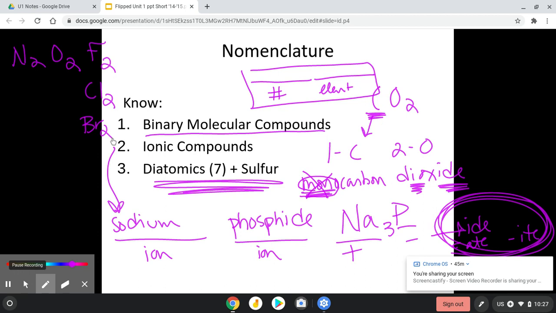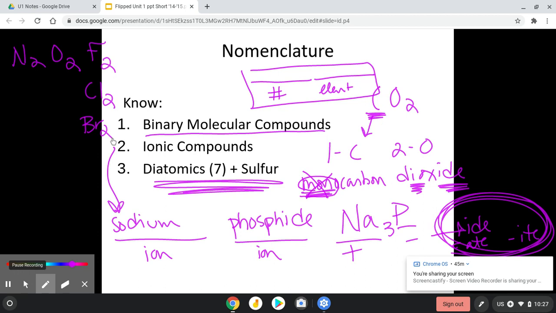Ionic compounds, it's possibly more straightforward because for ionic compounds, you're just going to name the first ion, then you're going to name the second ion. So if you have, for example, Na3P, okay, so you name the first ion sodium, you name the second ion phosphide, and you're done. The only catch is you have to remember how to name ions.